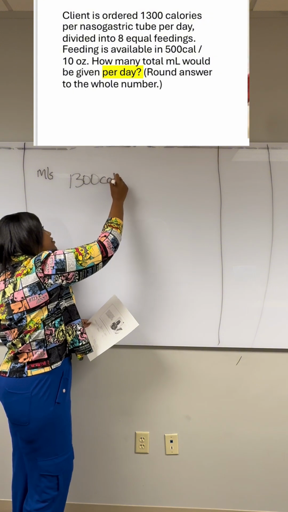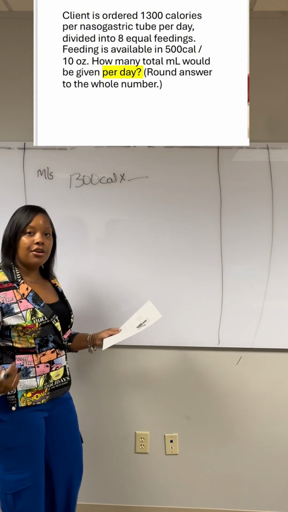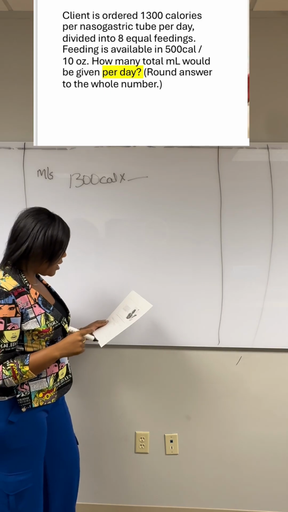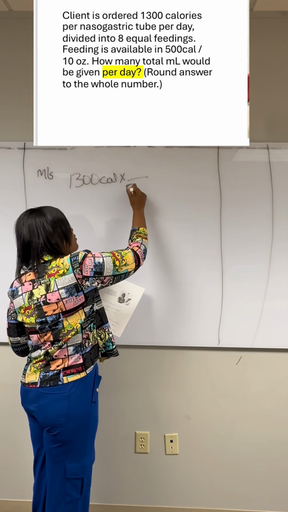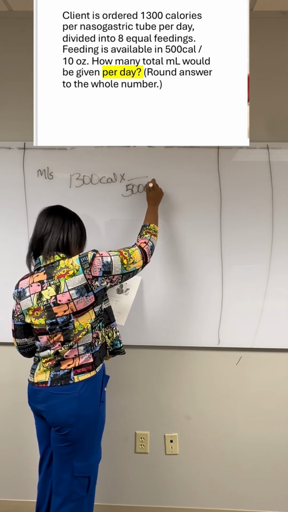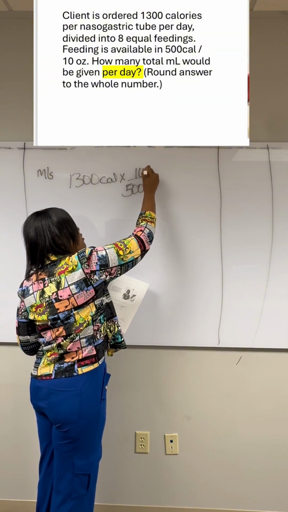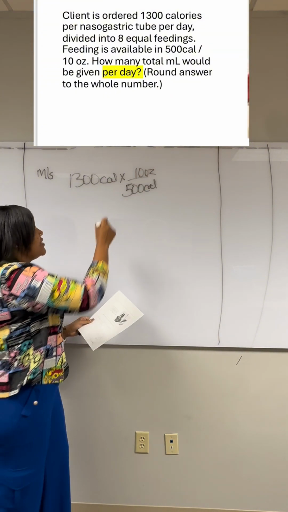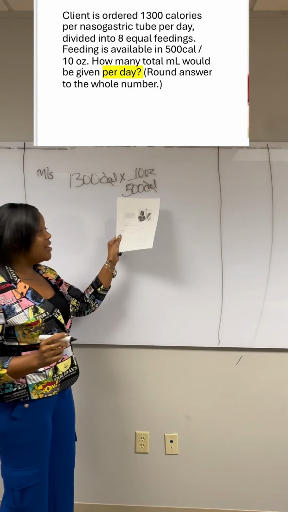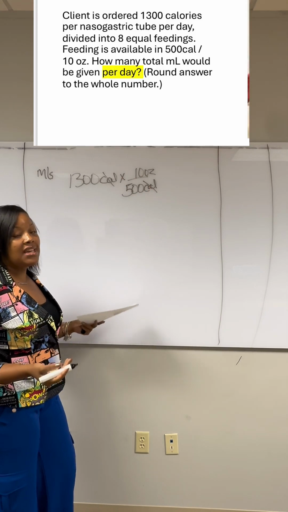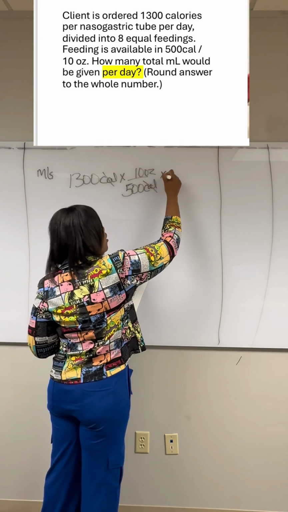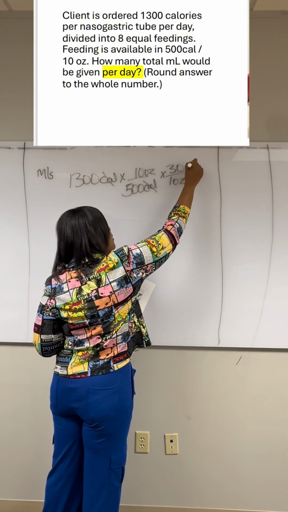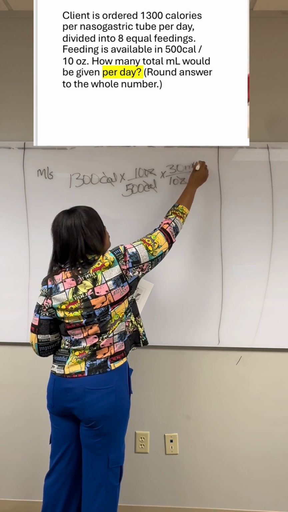We know our answer needs to be in mLs, so we need to cancel out calories. So let's go back to our problem. Our problem says that there is 500 calories per 10 ounces. We know that the calories need to go on the bottom because they need to cancel out. So we're left with ounces, but our answer needs to be in mLs. We know that 1 ounce is 30 mLs. So ounces cancel out, and we're left with mLs.